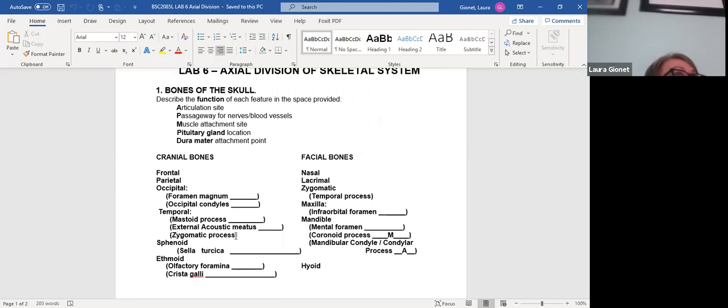And that extends forward to meet another process from the zygomatic bone to form your zygomatic arch. So, you can put articulation there because it will fuse with part of the bone in the zygomatic process. And so it forms an articulation, but its main function is actually to have muscles attached to them. That's why they have process in their title.